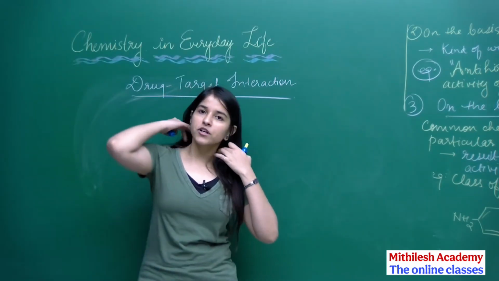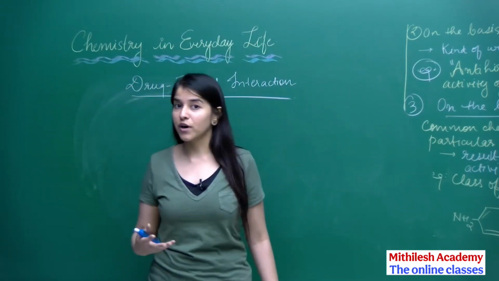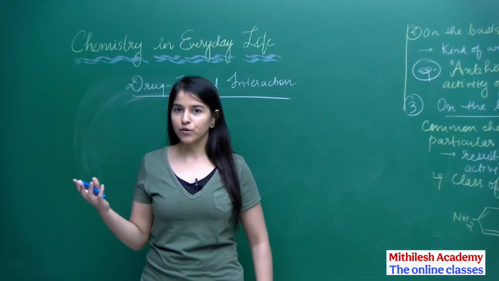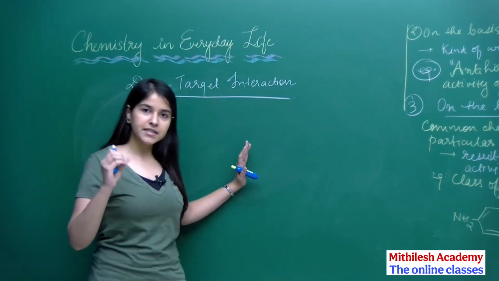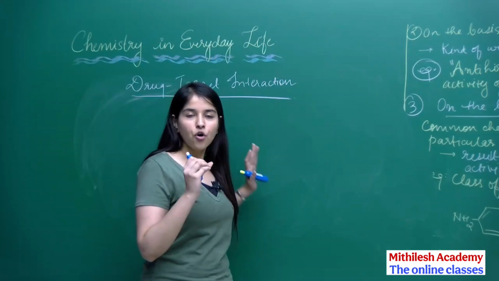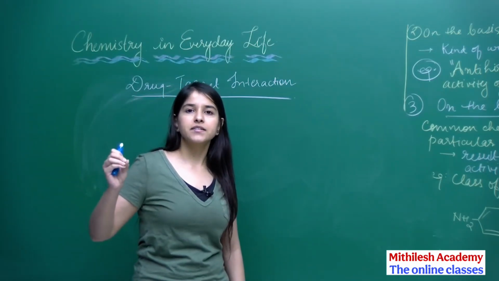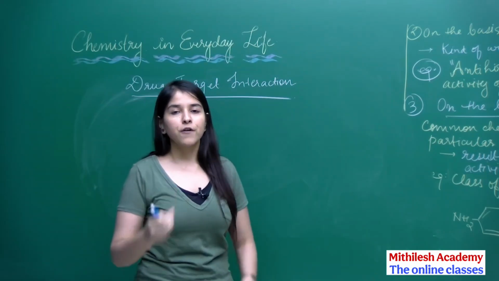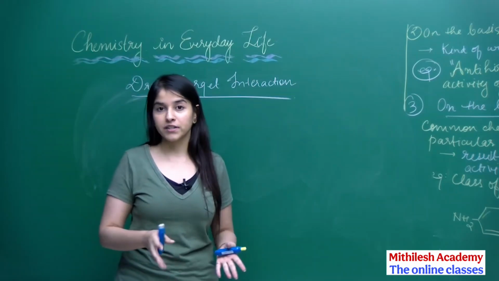What kinds of macromolecules have we discussed so far? In the biomolecules we have discussed carbohydrates, proteins, enzymes and whatnot. Drugs are acting on these very targets, and by altering their activity, drugs act in the body differently.